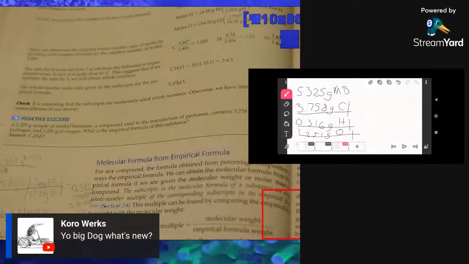It's like we're taking an exam and haven't even studied. So carbon, I know carbon is 12. So 12 grams of carbon is equal to 1 mole of carbon. And then for hydrogen, I know hydrogen is 1, so 1 gram equals 1 mole of hydrogen. And then oxygen, I remember is 16 grams. Remember, grams is equal to 1 mole of oxygen.